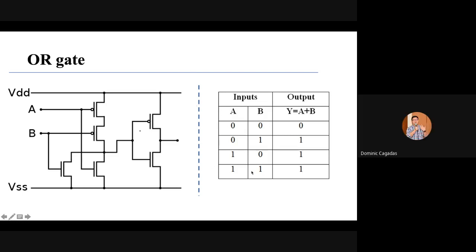Sige. Okay, let's see. Input A is high and high. So this one is off, sir. Both of these are off. Very good. This one on, this one on. So therefore your output is high.